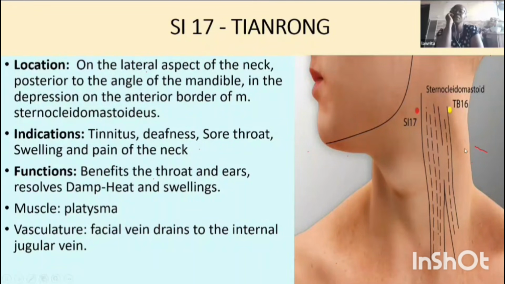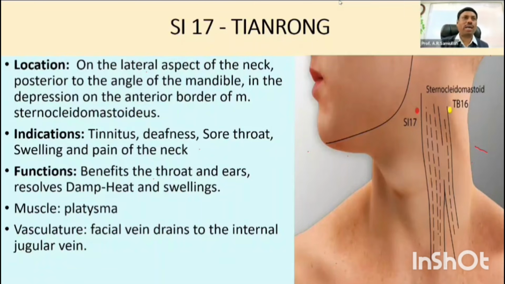Yes, oxytocin. This will be really helpful, because some people say they have a strange kind of feeling, and numerous things are there with this, and definitely this will help you. I'll try to tell you that very soon. Tian Rong is a good point to treat auricular related disorders, and also pharynx and larynx related disorders.